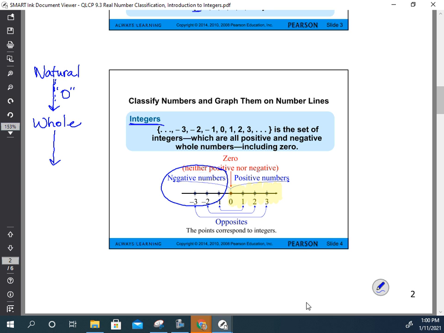Once you bring the negatives into it, then you have integers. Any questions so far? Right now we're just looking at how the numbers are classified.